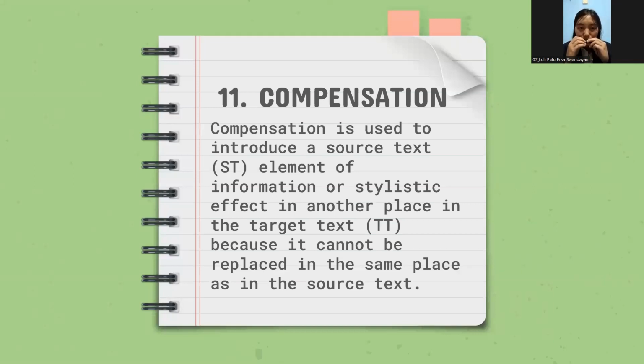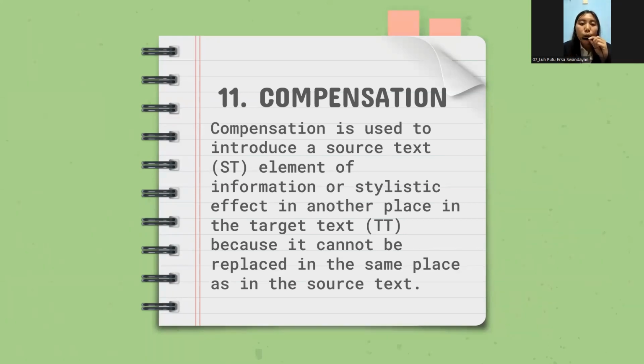So I want to continue the types of translation technique. Okay, number 11 is compensation. Compensation is used to introduce a source text element of information or stylistic effect in another place in the target text because it cannot be replaced in the same place as in the source text.